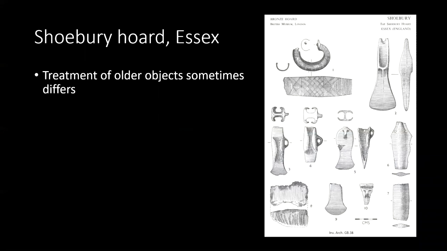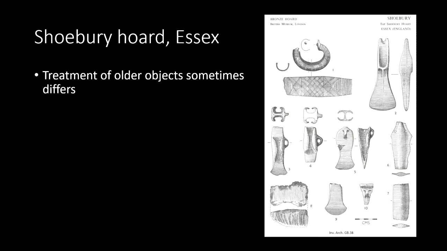And quite interestingly, a comparison of conditions within objects can give us some insights into how past societies thought about their past. So to return to multi-period hoards, here we have a broadly Late Bronze Age hoard from Shoebury, consisting of worn and broken objects.